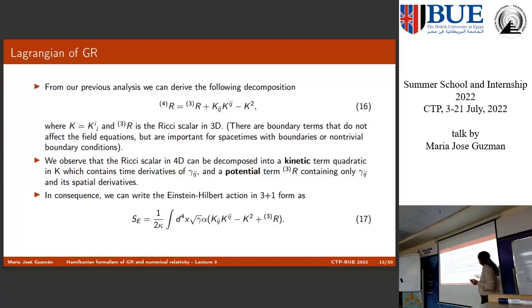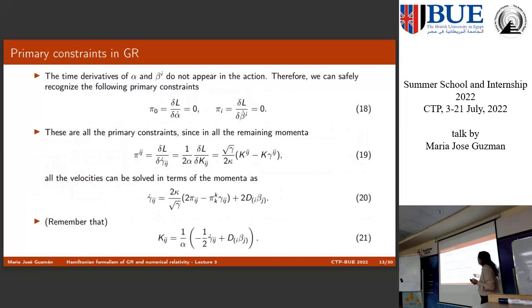And now it's easy to go to the Hamiltonian formulation because we just define our canonical momenta as the variation of the Lagrangian with respect to time derivatives of the g00 component, and this is the variation of the Lagrangian with respect to the g0i components.